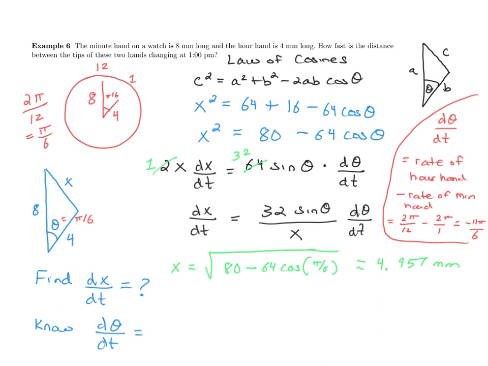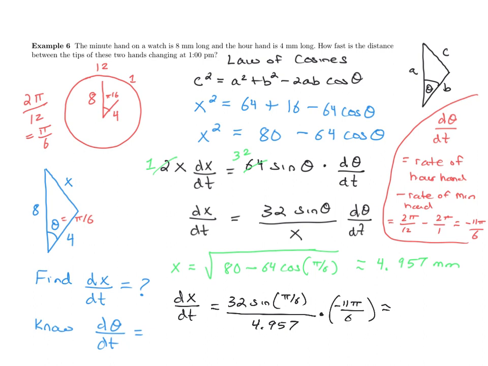So my final answer is that dx dt is equal to 32 times sine of pi over 6 divided by 4.957 times negative 11 pi over 6. I will plug this into my calculator to get a decimal approximation.